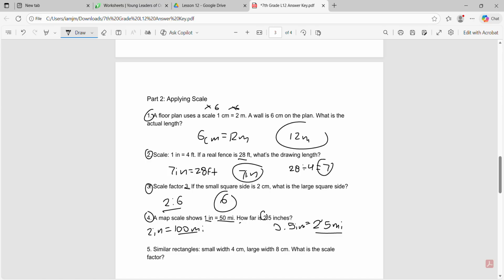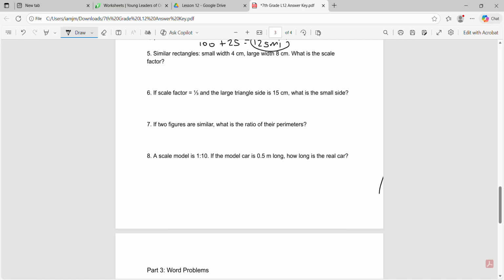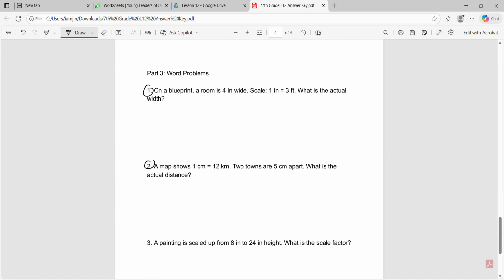Add these two up. 100 plus 25, and you get 125 miles. 2.5 inches is equal to 125 miles.